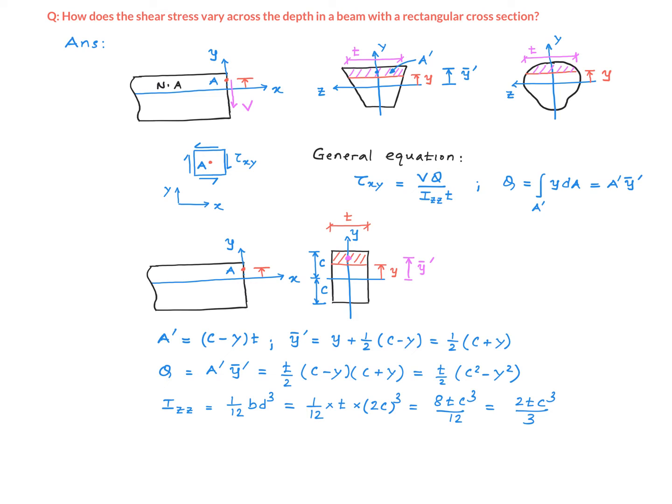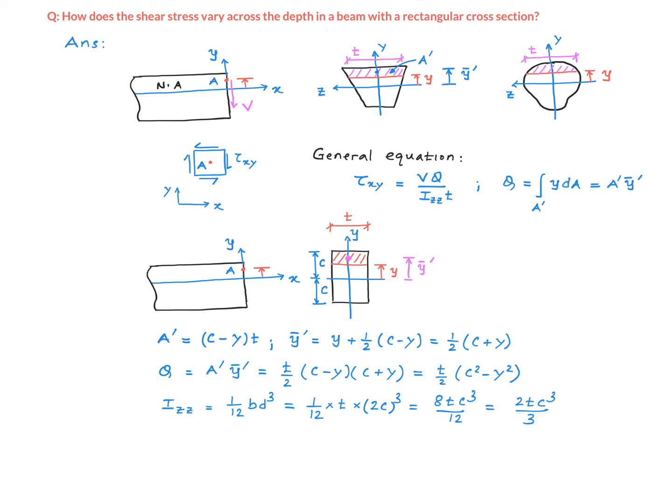And y bar prime, which is the distance to the centroid from this point right here, is y plus half of the height of this shaded area, which is c minus y over 2. So that simplifies to c plus y over 2. Q then is A prime multiplied by y bar prime.